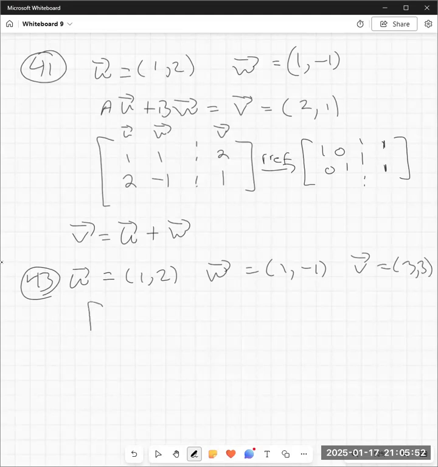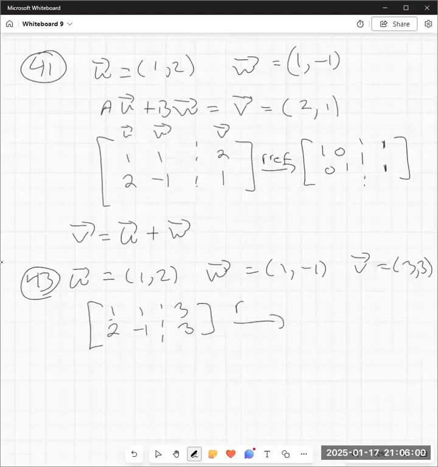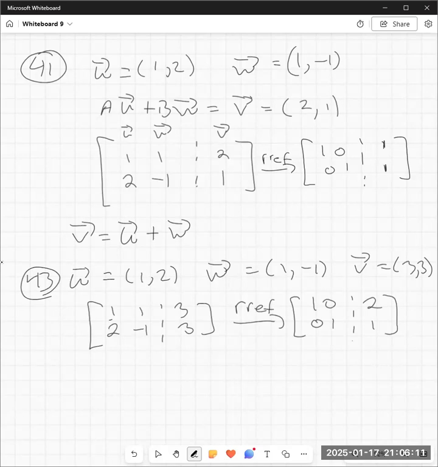So we want the matrix 1, 2, 1, -1, 3, 3. RREF that, and we get 1, 0, 0, 1, and this is 2 and 1. So 2u plus 1w is equal to v.